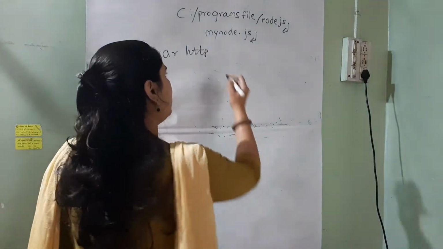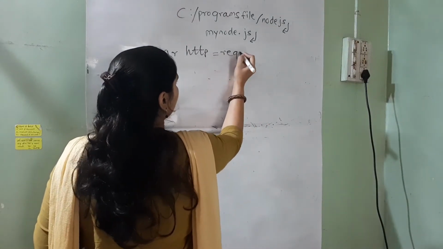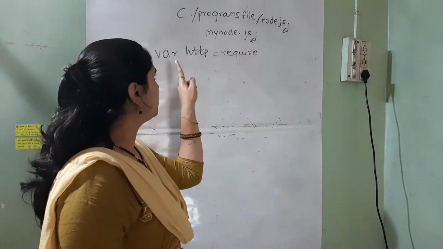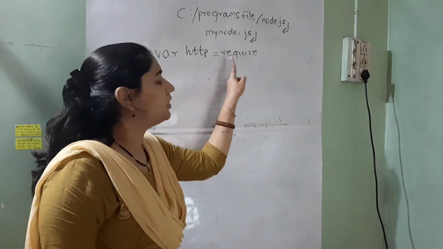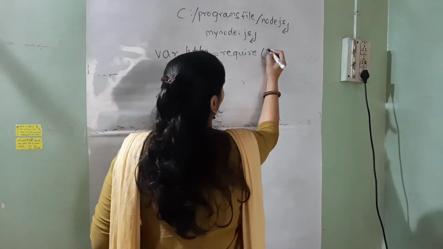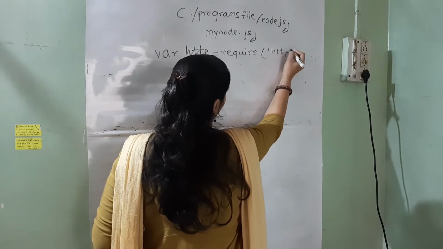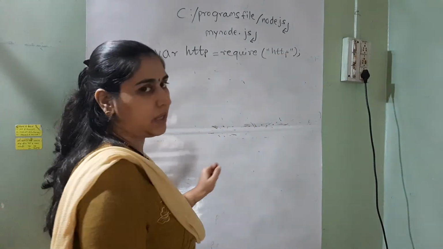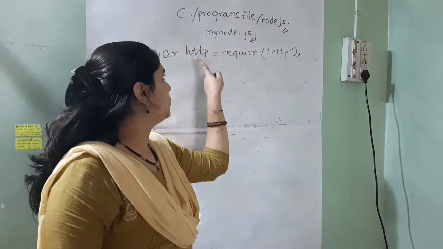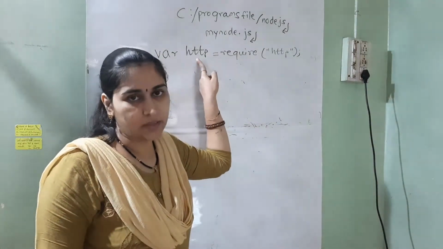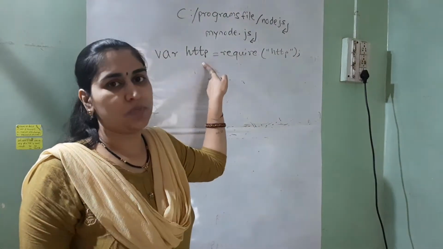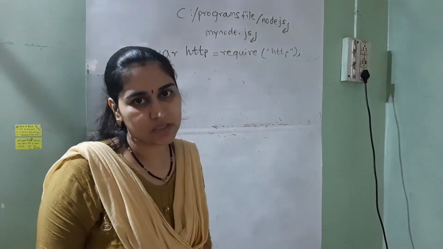For importing, the statement is require. So I use var HTTP equal to require and the built-in module HTTP. You can give it any name; I am just giving the same name. So this HTTP object will contain the HTTP functionality now.